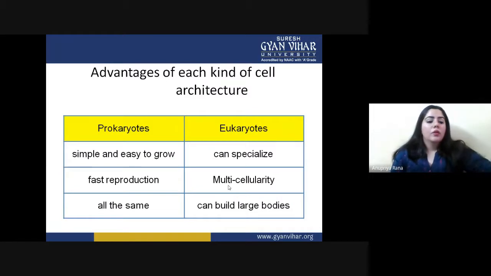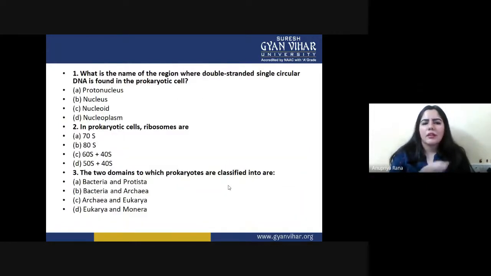So now these are some basic advantages of each kind of cell architecture. Prokaryote: simple, easy to grow. Eukaryote can specialize. Prokaryote: fast reproduction. Multicellularity in the case of eukaryote can build large bodies. So these are the architectural differences. I think we have all gone through these.